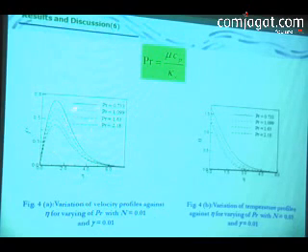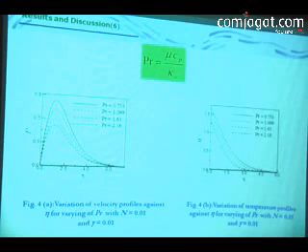Here, this is the velocity against eta for the Prandtl number. The Prandtl number represents the ratio of the kinematic viscosity and thermal diffusivity. The Prandtl number is proportional to the viscosity.